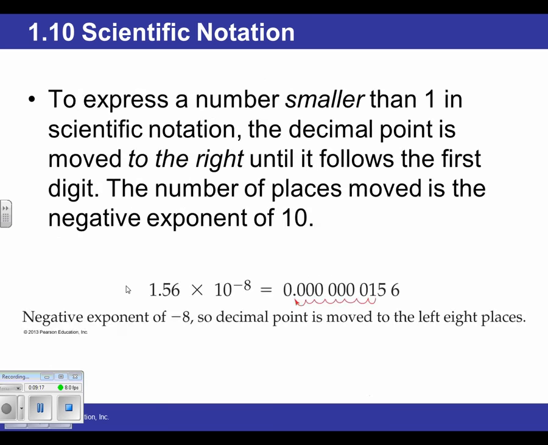Now when the number is less than 1, meaning it falls in the decimal range, then the exponent value being raised in that 10 place is negative. So if you see a negative exponent, the number is less than 1.